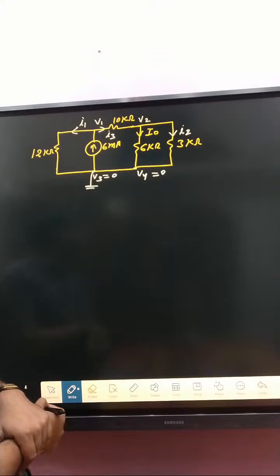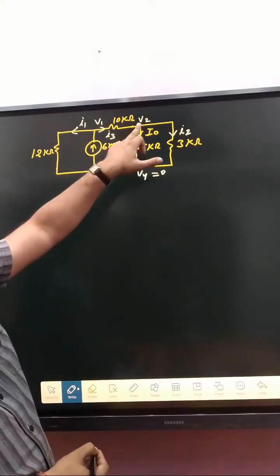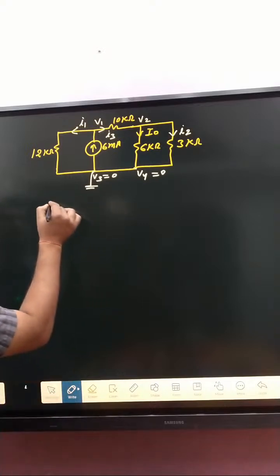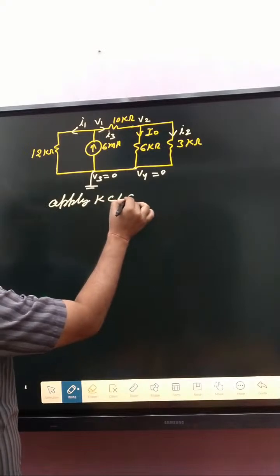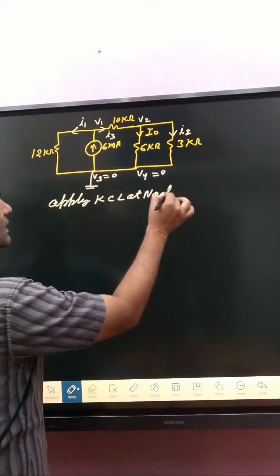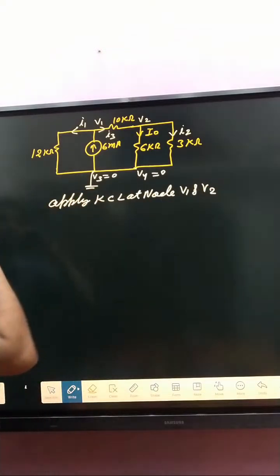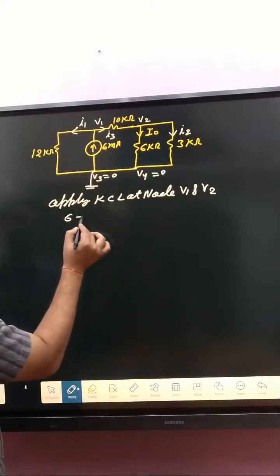So simply apply KCL at that node, and after that apply KCL at that node. Clear or not? One by one, apply KCL at V1 and after that at V2. Incoming current at that node is 6 milliampere.